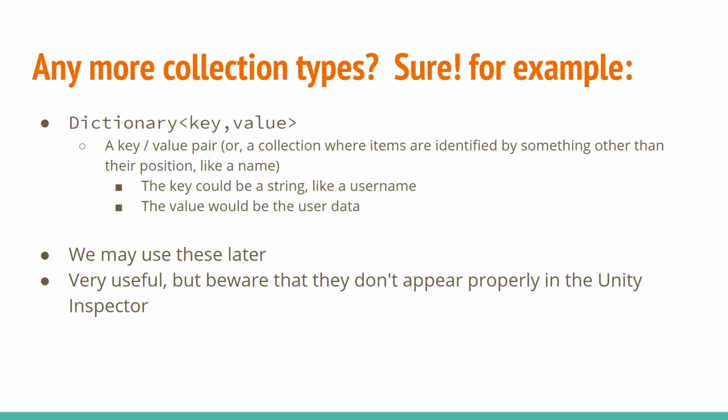So there are dictionaries as well. Dictionaries are different in that each element in a dictionary is a key and a value, allowing you to look up elements according to their key as opposed to their index.